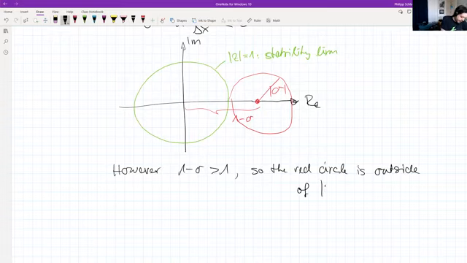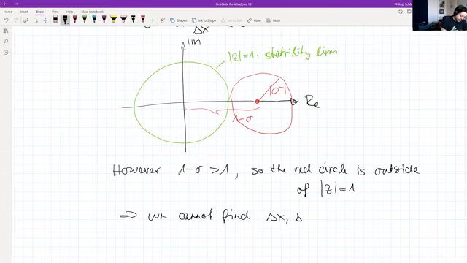Outside of absolute value of Z being 1. So that means, simply put, we cannot find any combination of delta X and delta T for stability. So irrespective of how we choose delta T and delta X, our red circle will always be outside of the green circle. So whatever we do, it will be unstable.